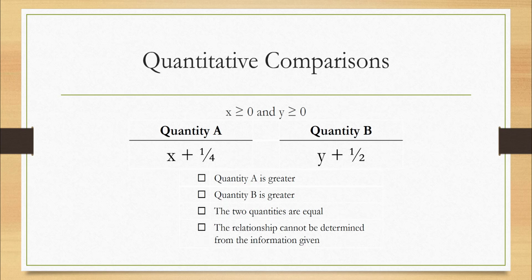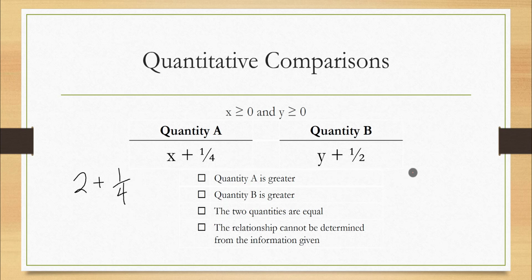If you have trouble seeing those relationships and the fact that this does not work out nicely, you could plug in a number. So if I plug in the same number for x and y, for x, I would have, say, 2 plus 1/4.